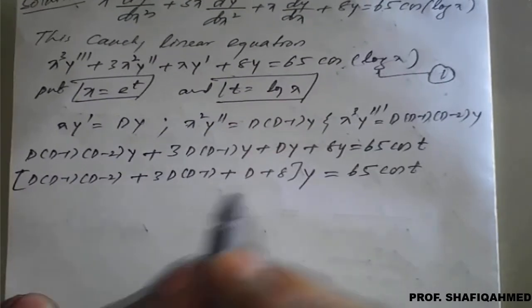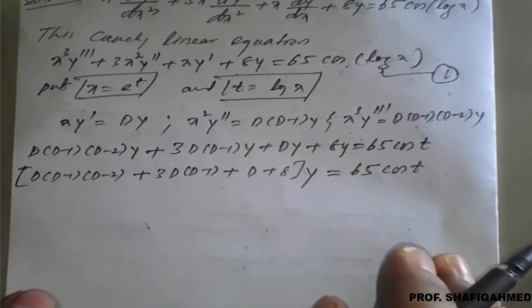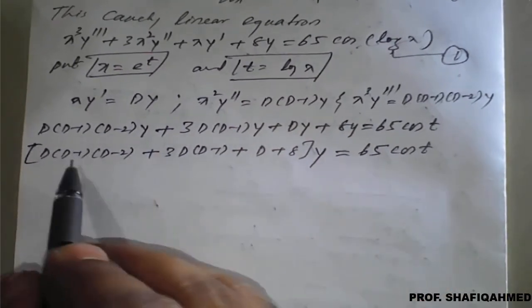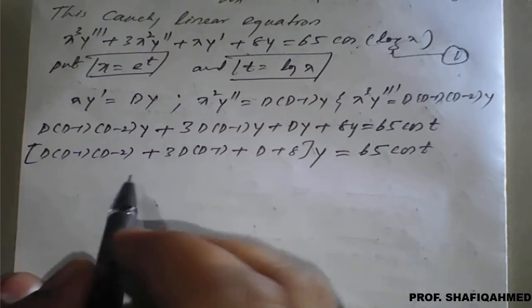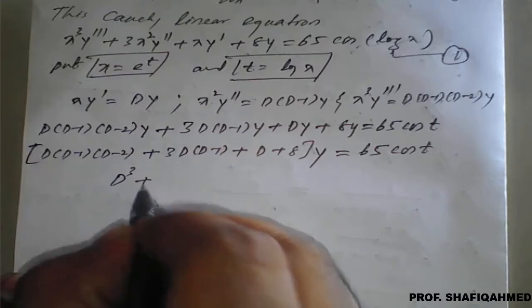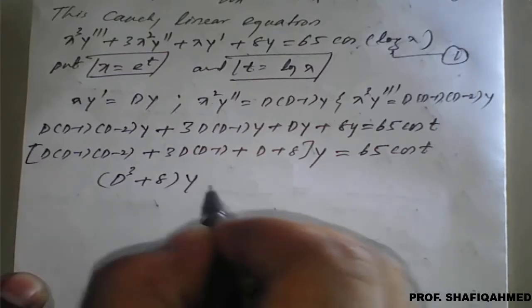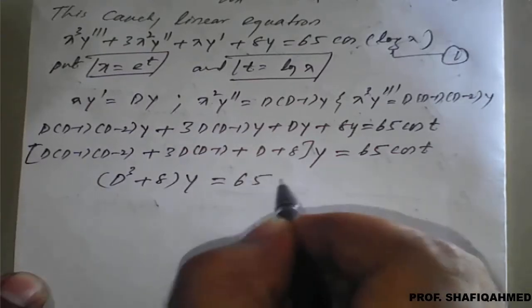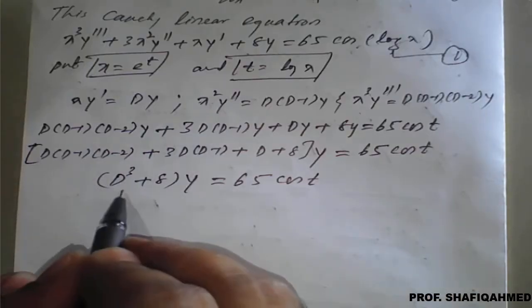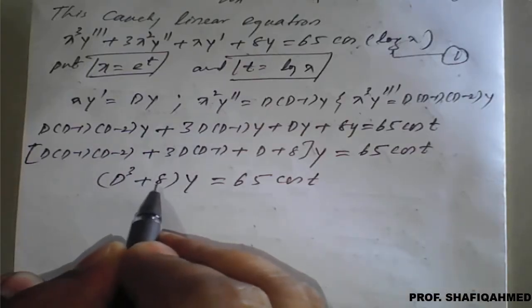So you simplify this bracket. On simplification, if you open all these brackets, finally it will become D cube plus 8 of y is equal to 65 cos of t. You open all the brackets, simplify, you will find D cube plus 8.